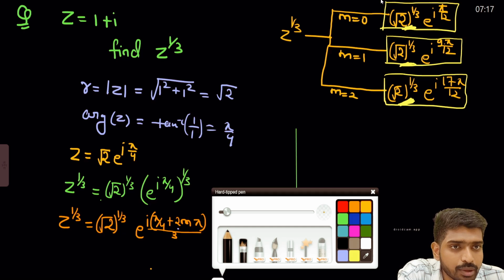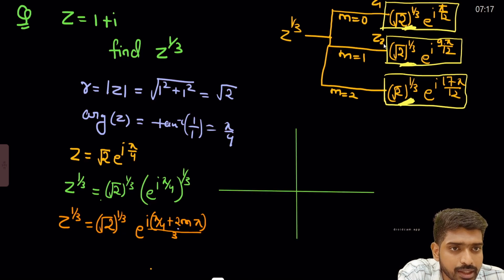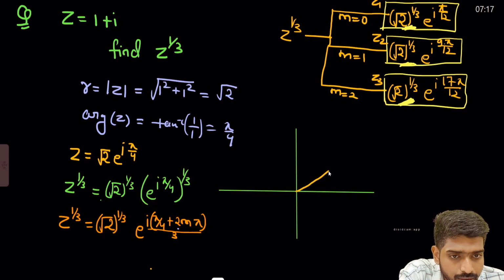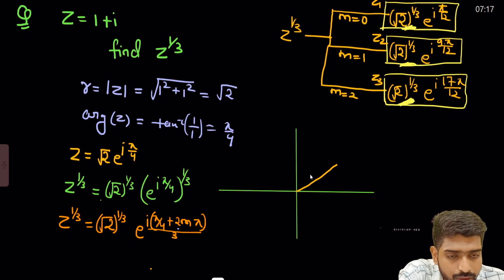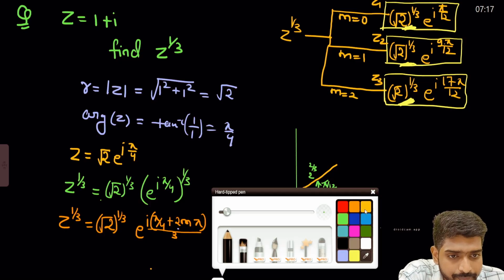So here if we draw, say this is my complex number Z1, this is my complex number Z2, and this one is complex number Z3. So Z1 will lie here, magnitude is 2 to the power 2 by 3, right? And the angle is pi by 12, means 15 degree.